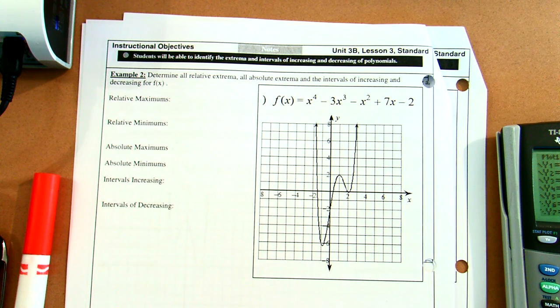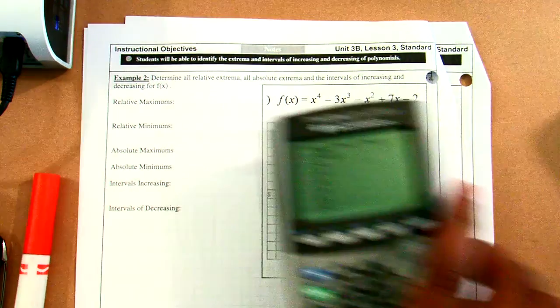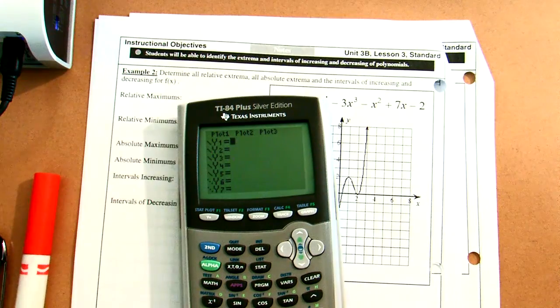Example 2 says determine all relative extrema, all absolute extrema, and intervals of increasing and decreasing for f of x. What you need to do first is plug in your function in your calculator.